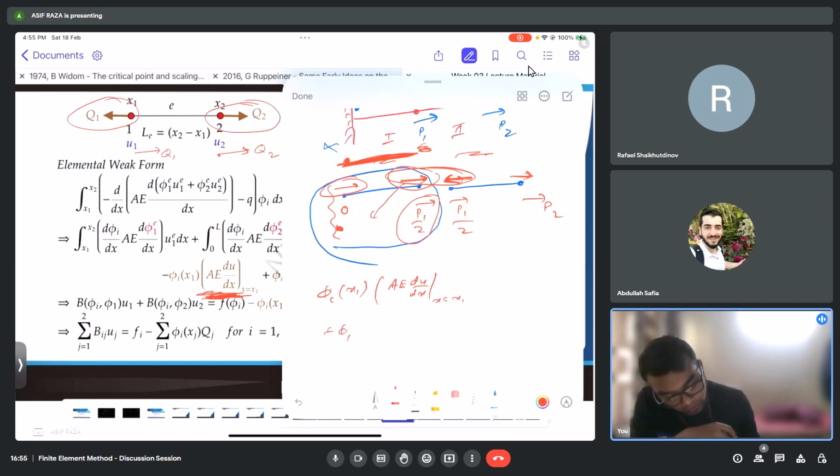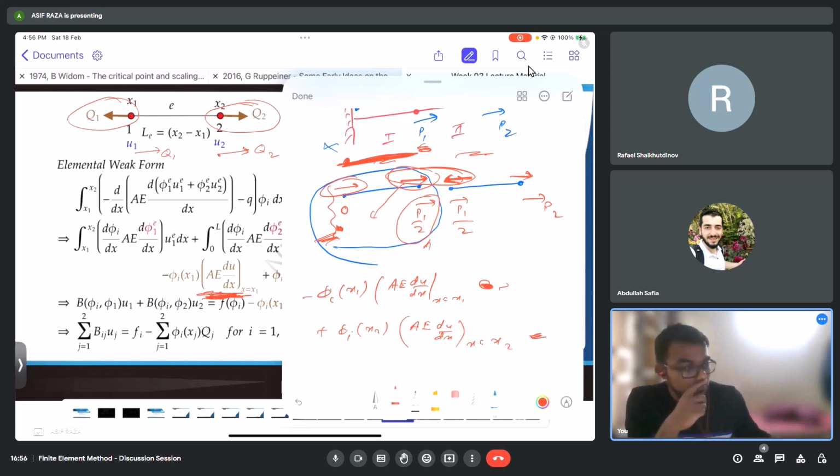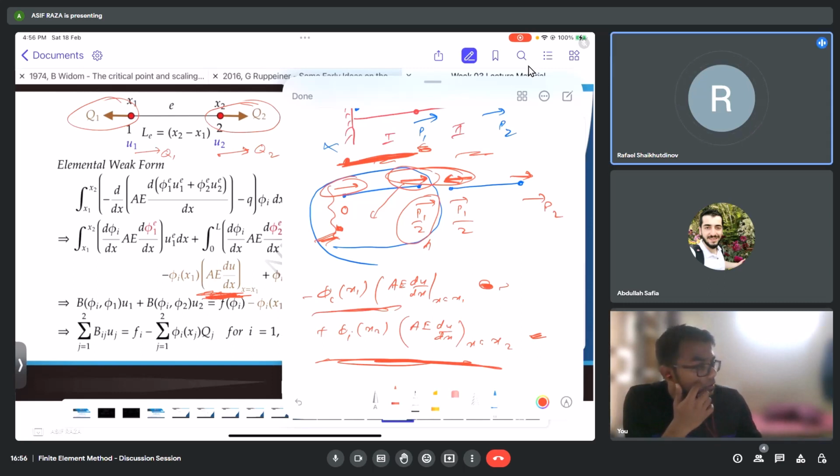These internal forces come as phi(x1) AE du/dx at x equal to x1 plus phi(x2) AE du/dx at x equal to x2. The x2 term is in plus because it is the upper bound, and the x1 term is in minus because it is the lower bound.